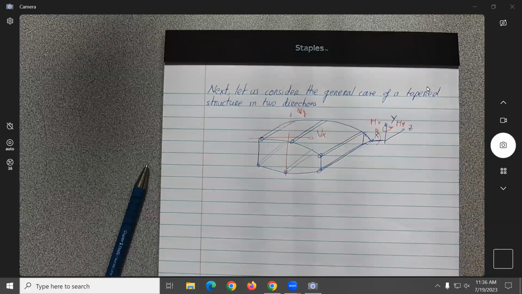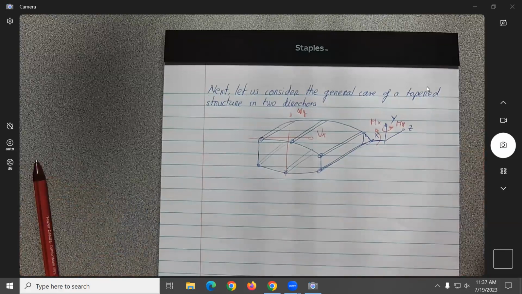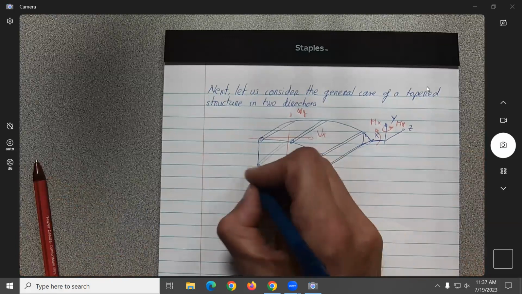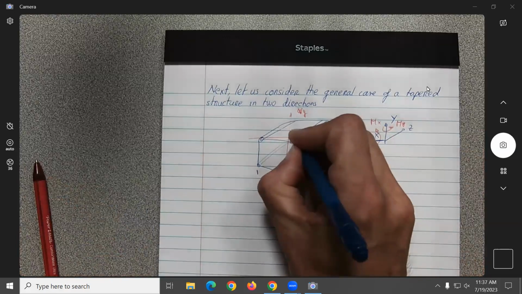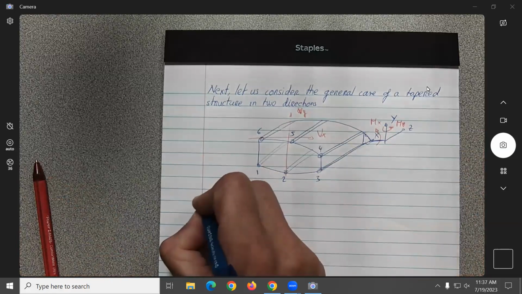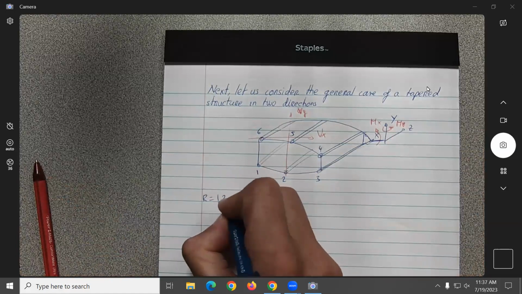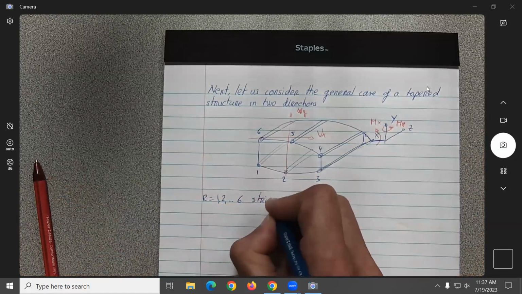But let's just leave it that way. Okay, and let's say this will be 1, 2, 3, 4, 5, 6 will be R, 1, 2, 6 will be the stringers or flanges.